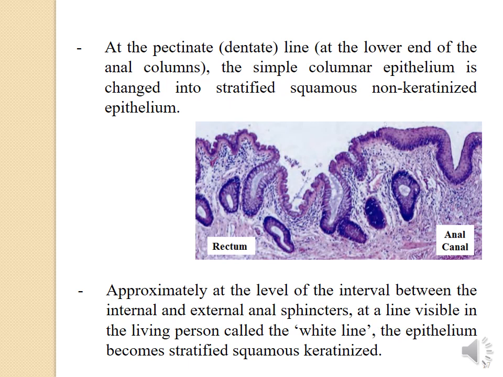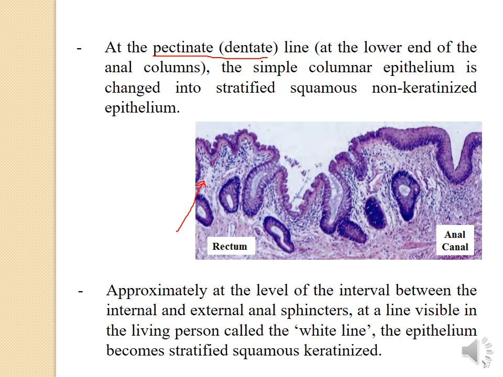What about the epithelium? If we connect the lower borders of the anal columns, we get a line called the pectinate or dentate line. At this line, the simple columnar epithelium of the rectum will change into stratified squamous non-keratinized epithelium. So here we have the rectum.